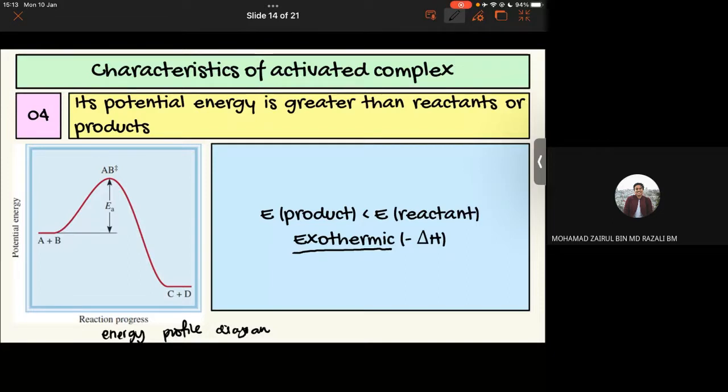Dan normally the value of delta H ni kita panggil dia sebagai change in enthalpy. Okay, yang ini awak akan belajar in our next term.